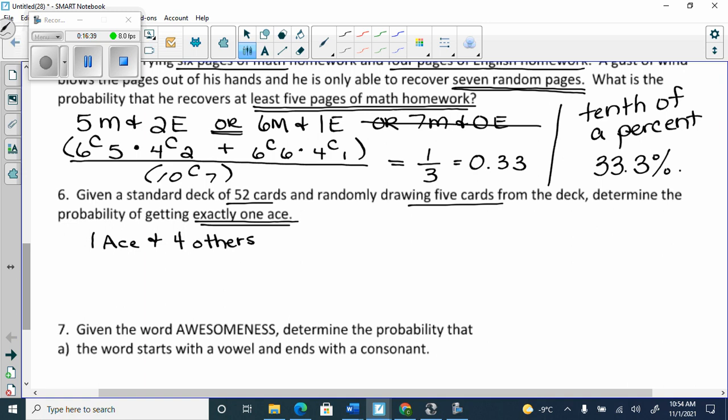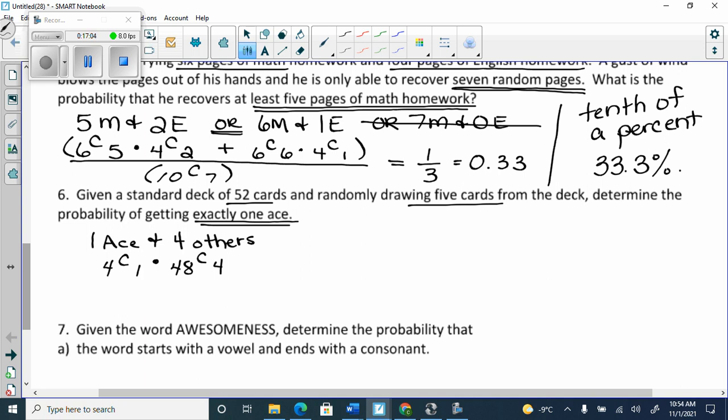Choose them from? Yep. How many aces are there? 4. So we do 4 choose 1, and others. So all I do for others is I take 52 and I subtract off this first number, right? 52 minus 4 is 48. Choose 4. That would be how I would do this question if it was a perms and comps question, correct?